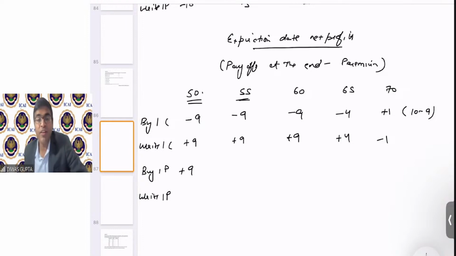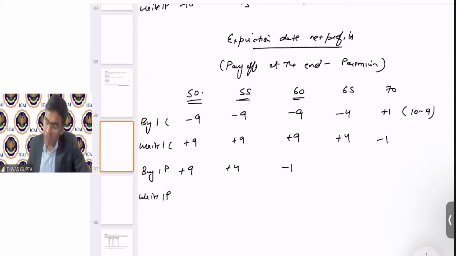At the rate of 55, 1 rupee is the premium I have paid. 5 rupees is the amount I have got. So plus 4 rupees. Similarly, at 60 rupees, I will not be exercising that option because it is a same strike price put option. I have lost 1 rupee on premium. Similarly, here also I have lost 1 rupee on premium.